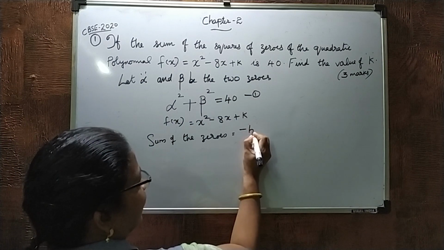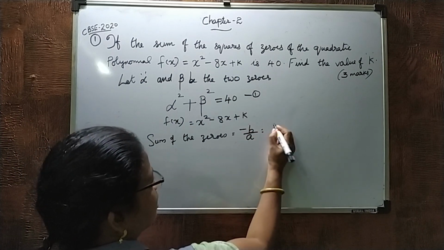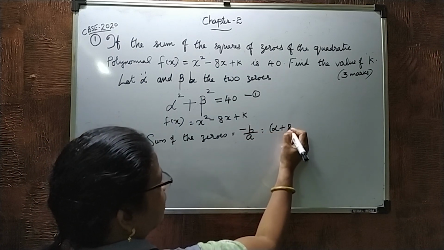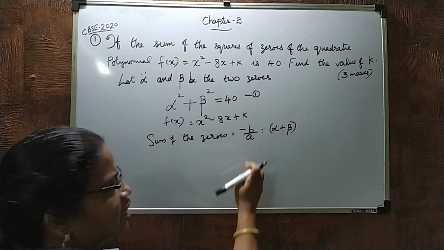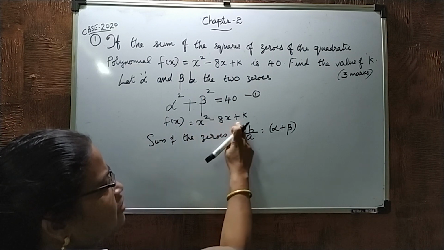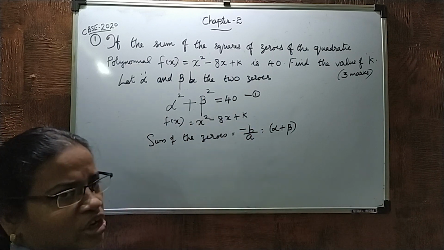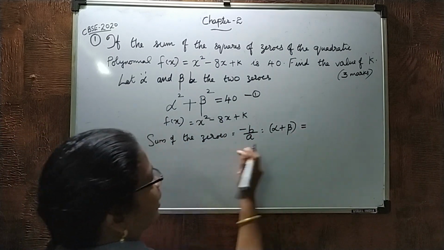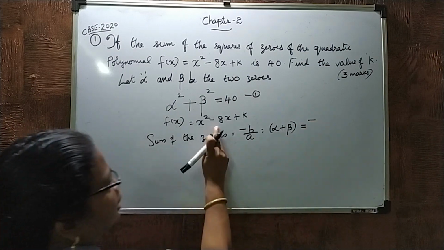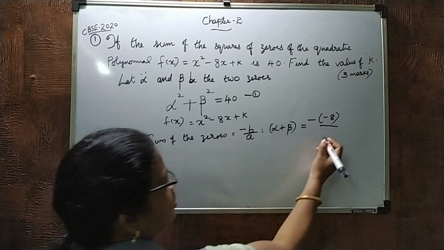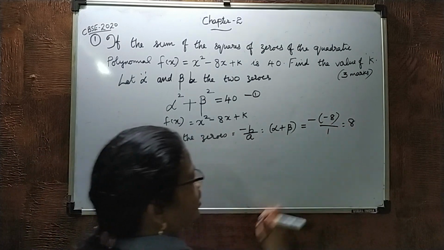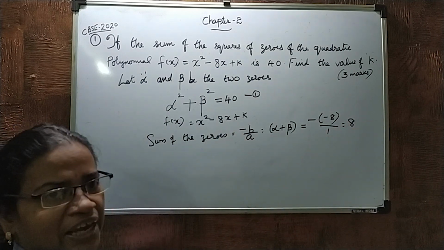Sum of the zeros is negative b by a, that means alpha plus beta. The zeros are alpha and beta, and from the polynomial you can find b and a. Negative b is negative of negative 8, and a is 1, so you will get 8. Sum of the zeros will be 8.